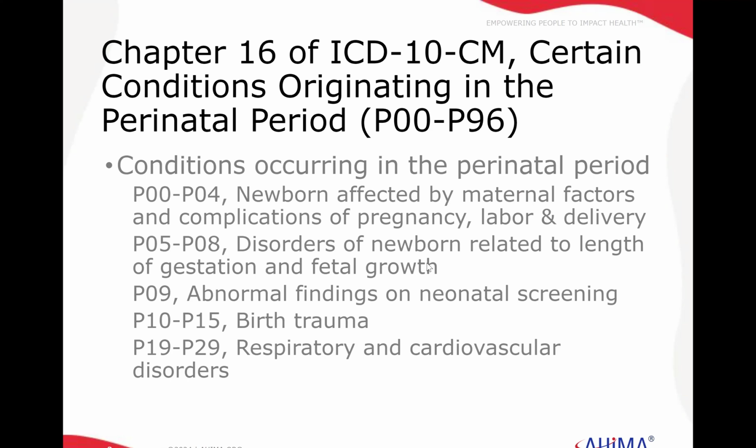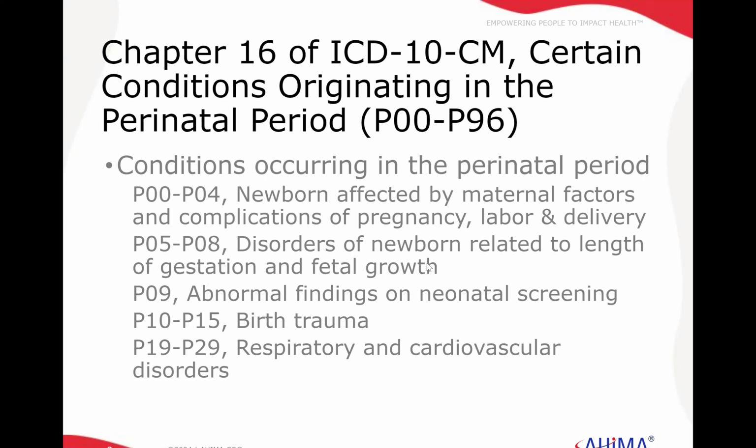Note that some of these will have corresponding maternal factors that will be coded from the chapter we just got done talking about. In other words, they'll start with O. These will be the codes that you would have found by using pregnancy complicated by.